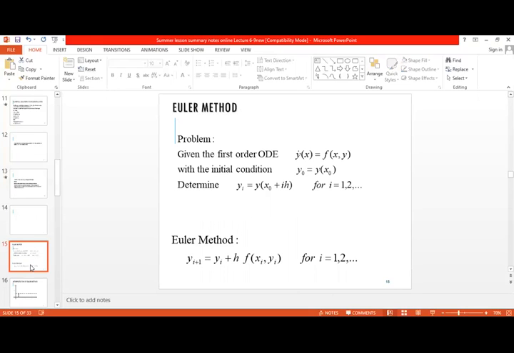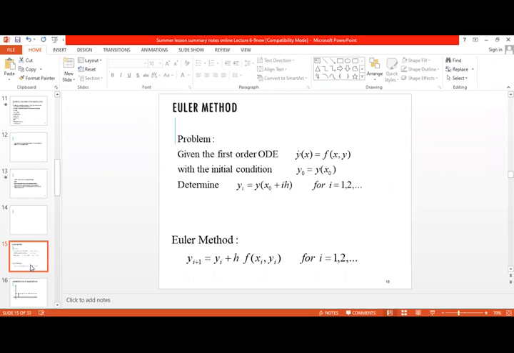So among many techniques which we'll be making use of today or in the coming weeks is the Euler's method. We'll also be looking at the Taylor series method.